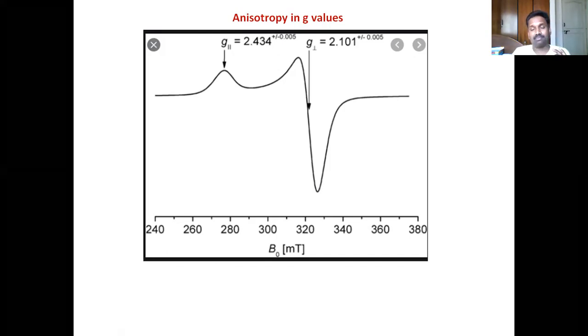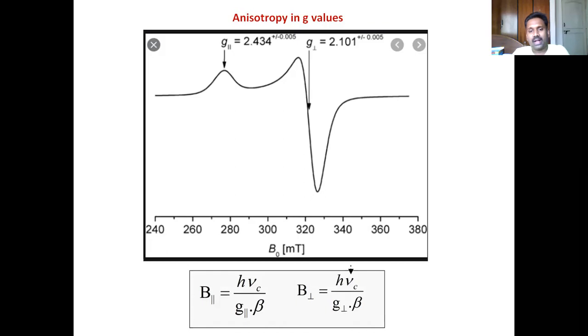Now, why does this happen? This is because of a phenomenon called anisotropy in G values. As we know, anisotropy simply means there is some inequality, some heterogeneity somewhere. Now, where is that inequality or heterogeneity? That is what we have to go into in the next part of the discussion.